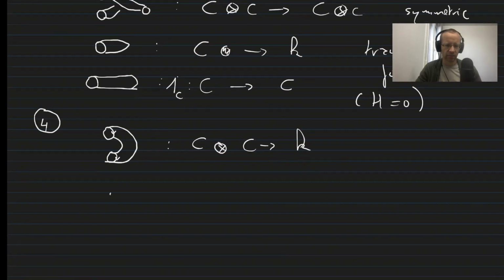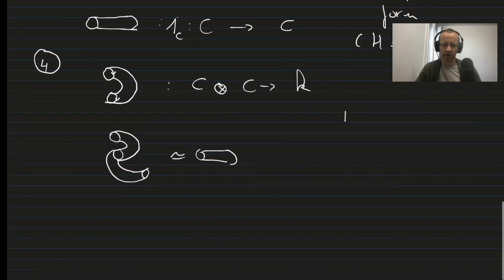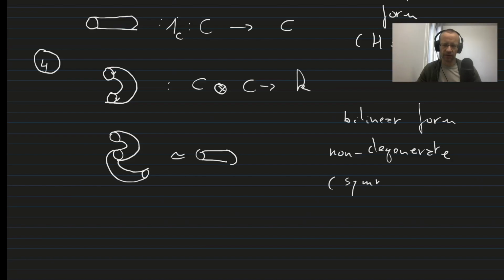And if we compose it with this other drawing, we get kind of like a snake, like this. And that looks topologically equivalent to the identity map. And because it does, this bilinear form must be non-degenerate. And from the previous reasoning that we cannot order circles, it is also symmetric.